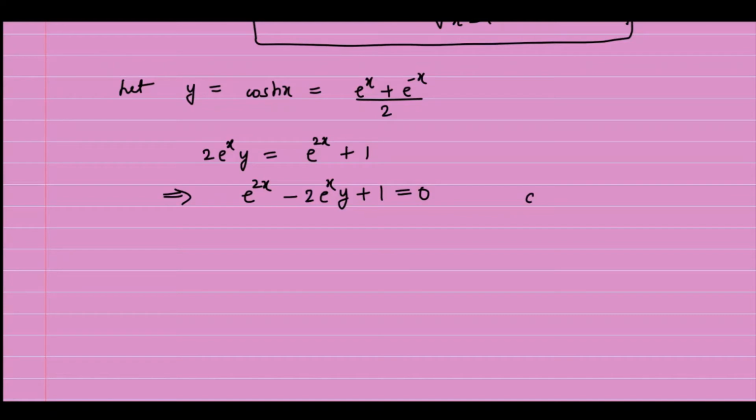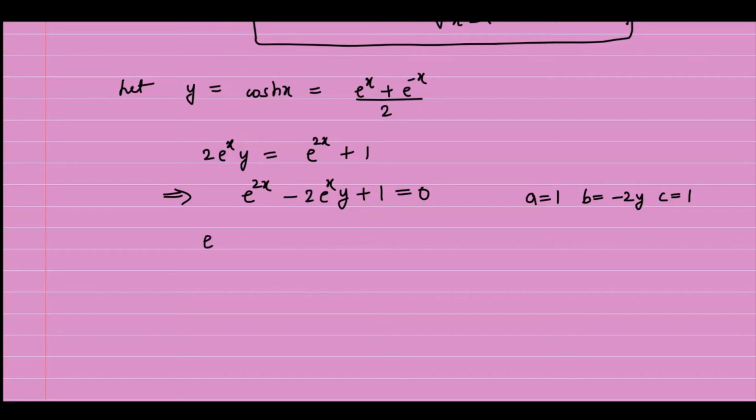Okay, so if we compare, we have a equal to 1, b equal to minus 2y and c equal to 1. So we know that the solution is minus b plus or minus root of b square minus 4ac by 2a. So here the unknown is e raised to x.